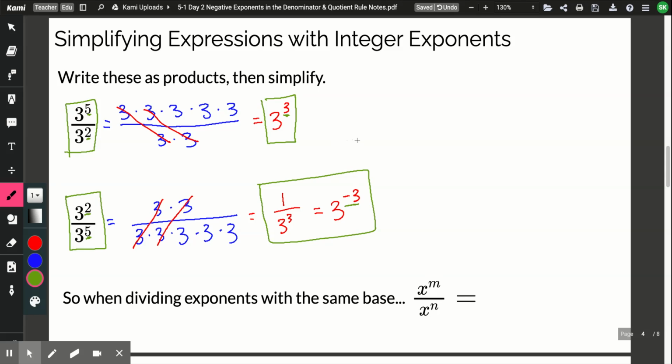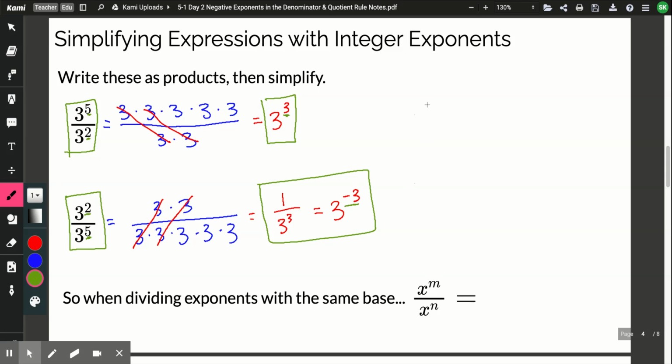So this is what's called the quotient rule. Whenever you divide two exponents with the same base, we can use this pattern and know that all you have to do is subtract the powers in order to simplify this without having to expand and cancel things out.